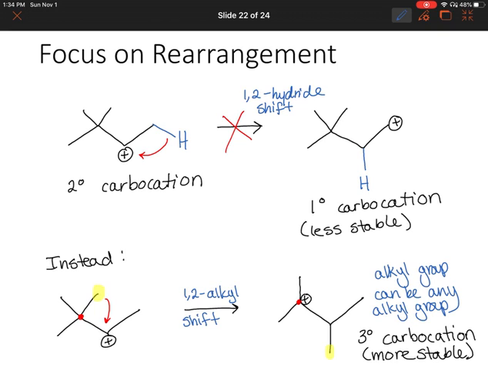Now, you can only move groups that are on a neighboring carbon to the positive charge. So that's just something to keep in mind.